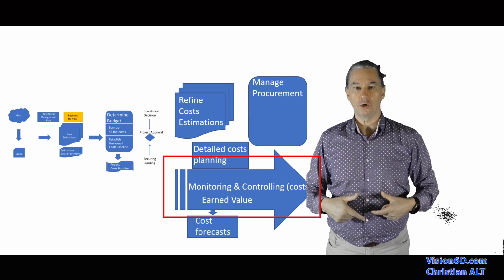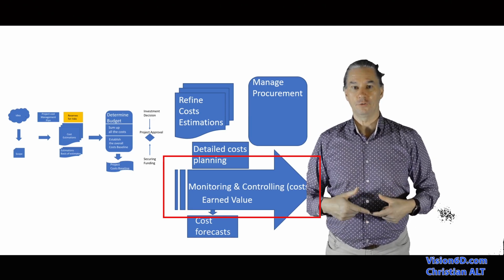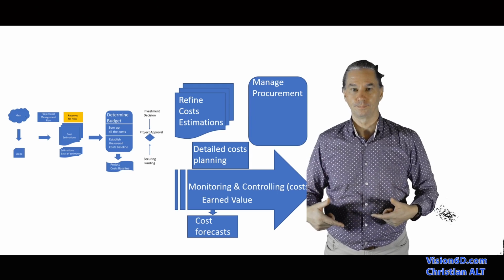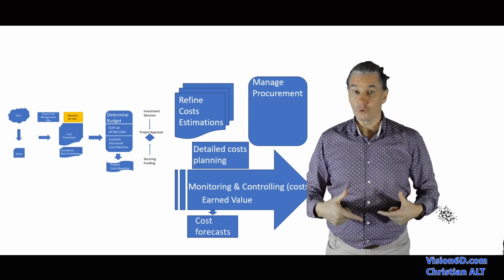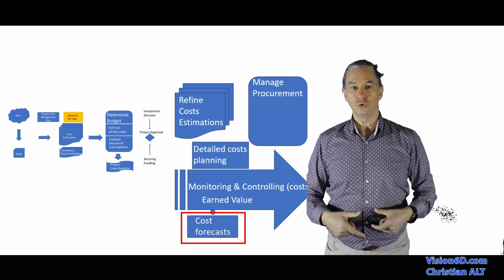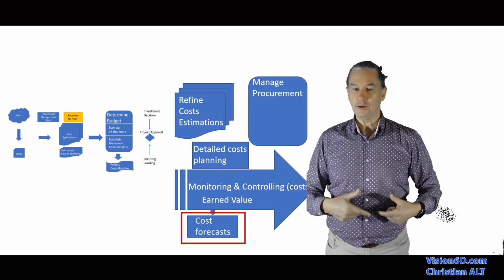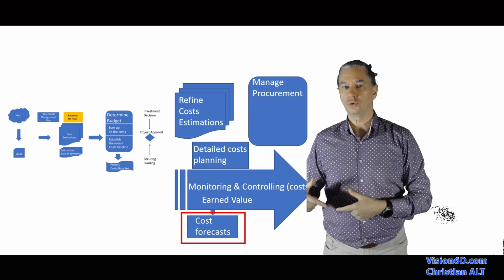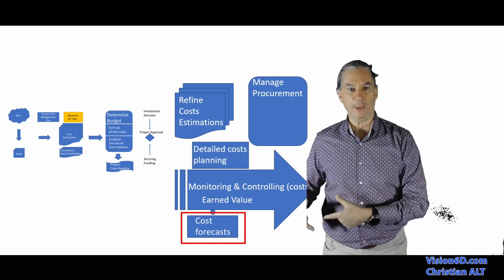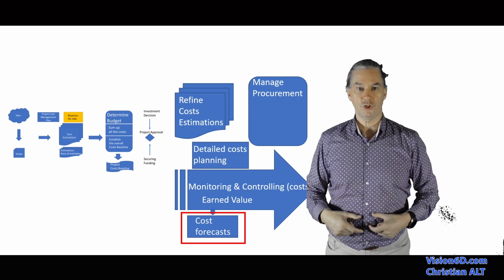For this, we are going to use the method of earned value. With that, of course, we need to do cost forecasts, because accounting will need to know when to expect some spending for the project.